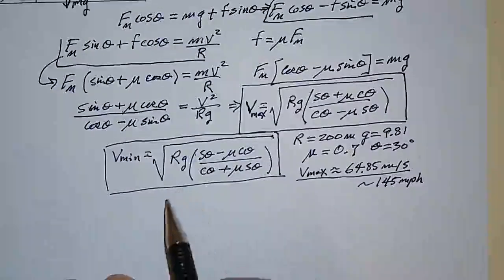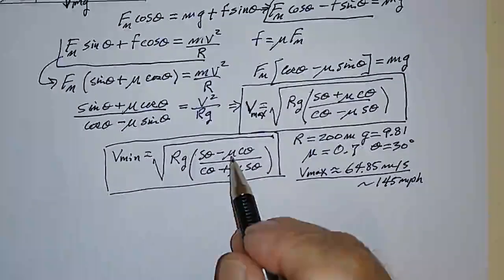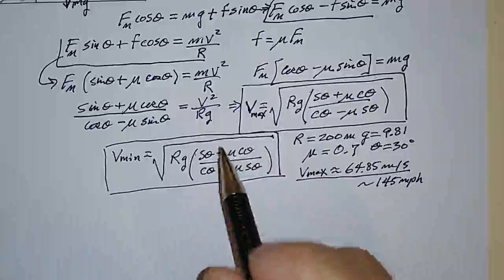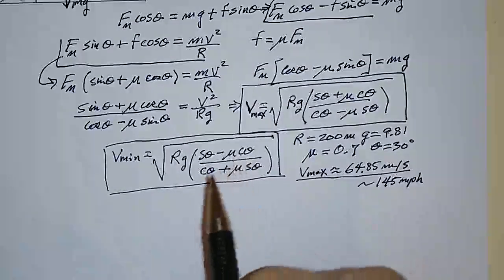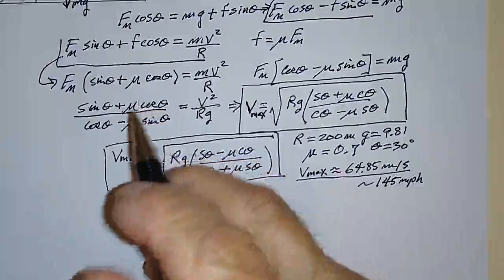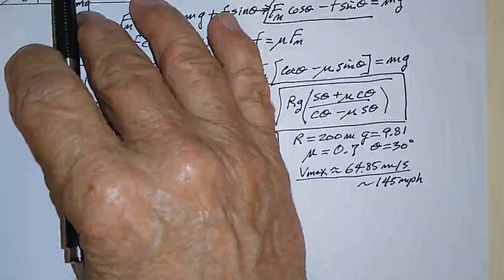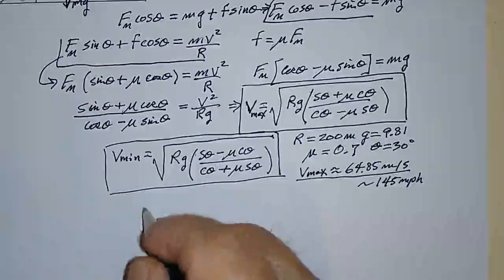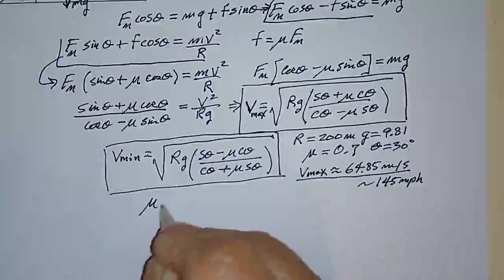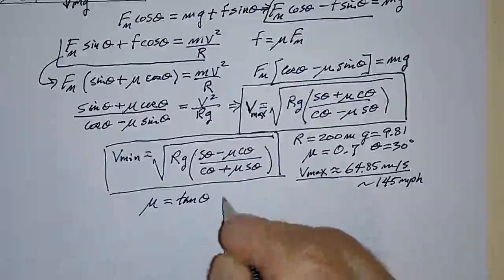So what you have to do is consider a coefficient of friction that is less than whatever the critical coefficient of friction is. It turns out that if you just stopped here on the ramp, then the critical coefficient of static friction, mu, is just equal to tangent theta.